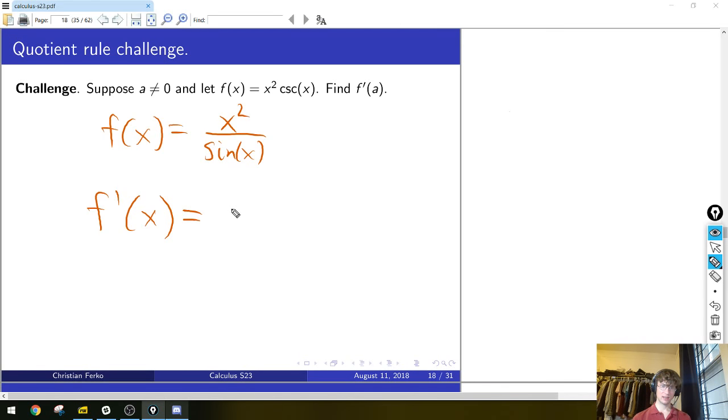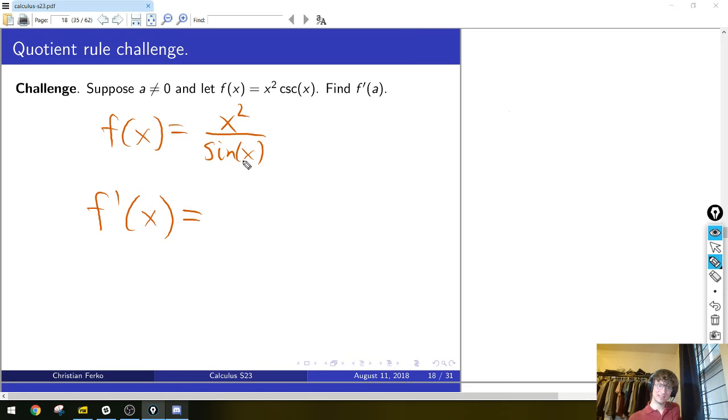The first part is going to be x squared times sine x. So which one did you differentiate here? Oh wait, that's a prime, not a 1. It's okay. Anyway.